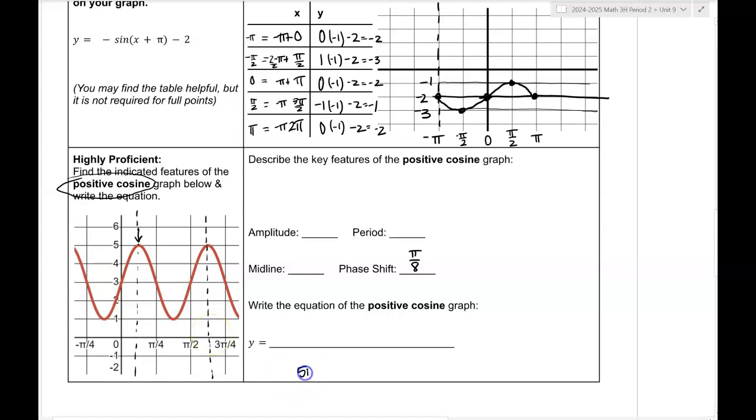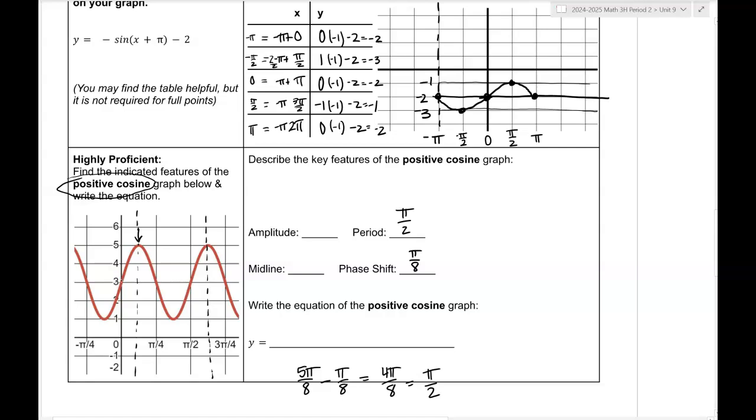So if we do 5 pi eighths minus pi eighths, that gives us our total distance or our period. We would be at 4 pi eighths, which is pi halves. So that's going to be our period. If you looked at it as a regular sine function, notice we do a full sine wave to pi halves. So you could look at it that way too.